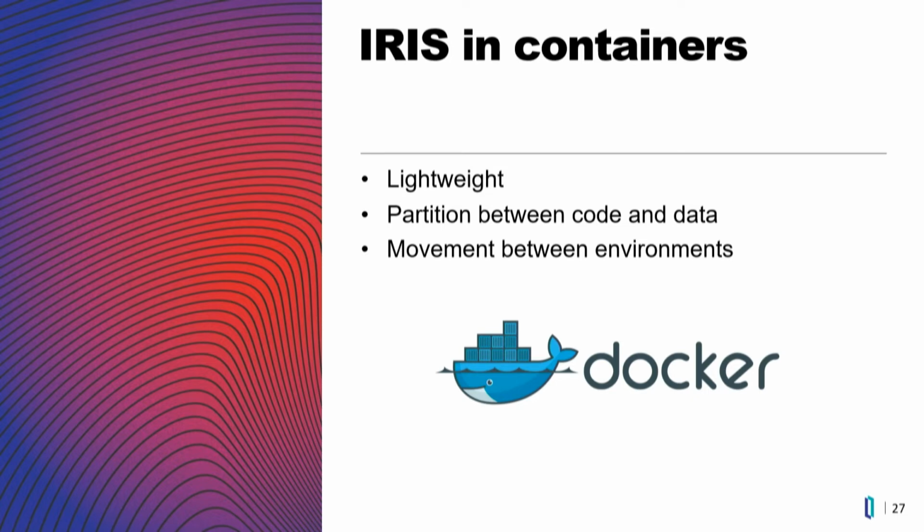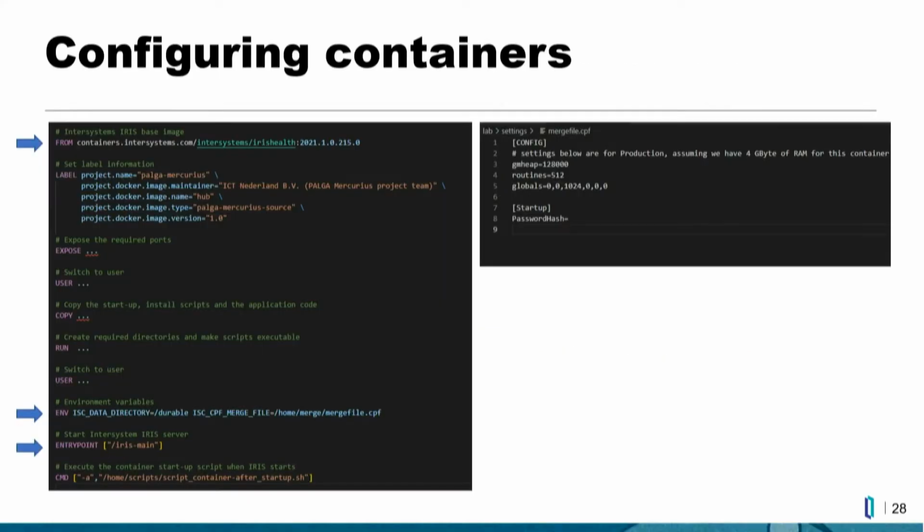So if we look on the next slide, we just see a simple example of a Docker file used to actually build the image. So you start from the base image of InterSystems IRIS for health.